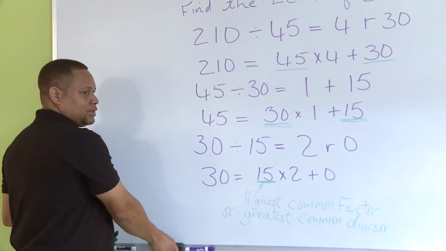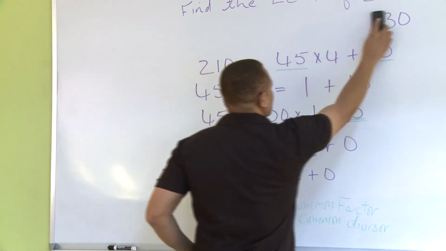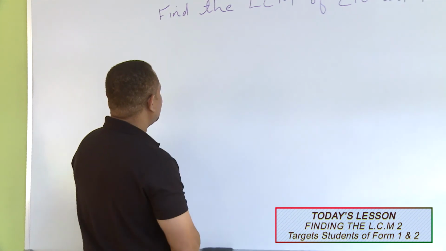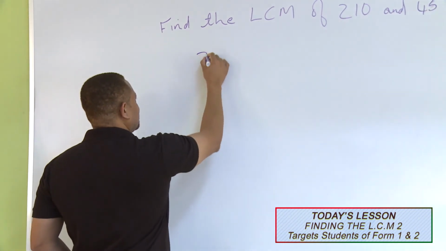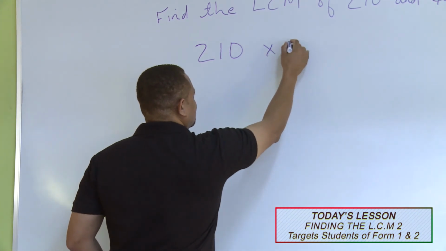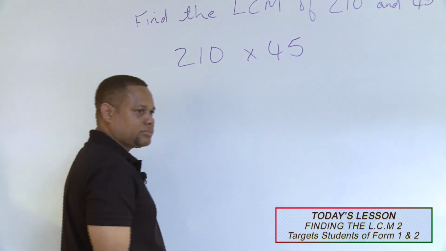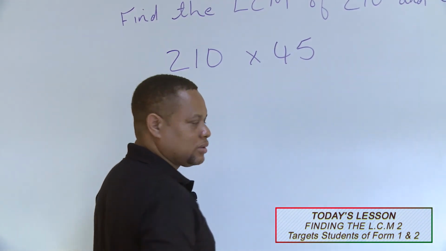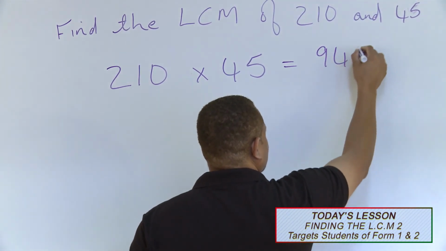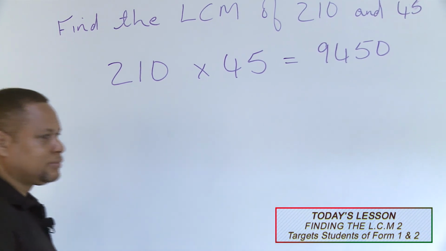Now we can go to our next step. What we can do now to find the LCM is multiply 210 times 45. That gives us 9,450.